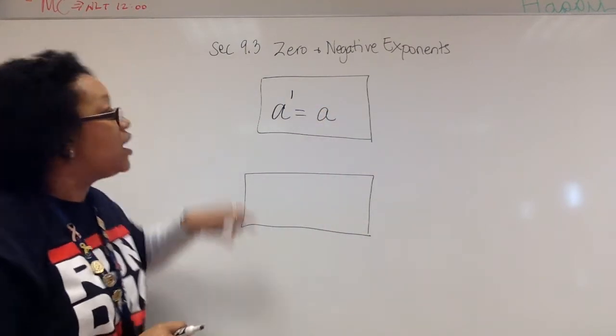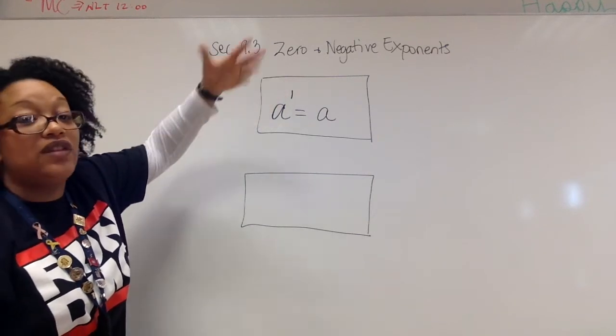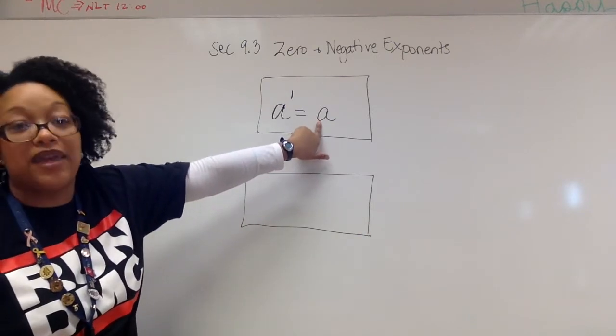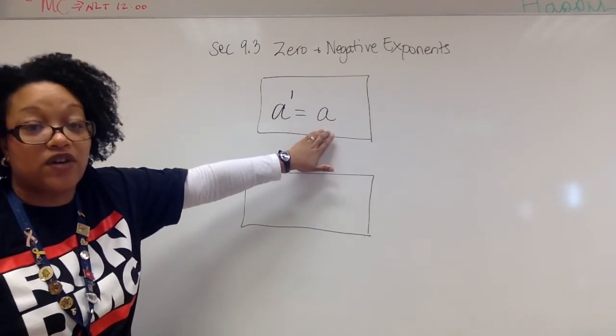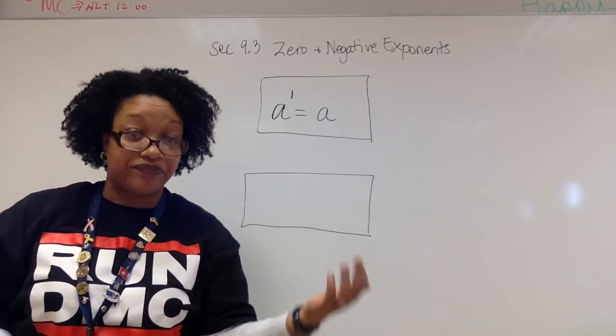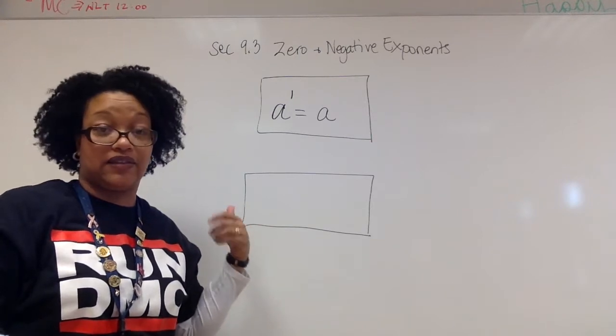Because remember, we rarely see the 1. It's invisible. You just know that this 1 is invisible. Well, if it's invisible, then you've just got whatever that base is. So that's what you put in the first box, just to remind you, because you may see that in some more problems in this lesson.